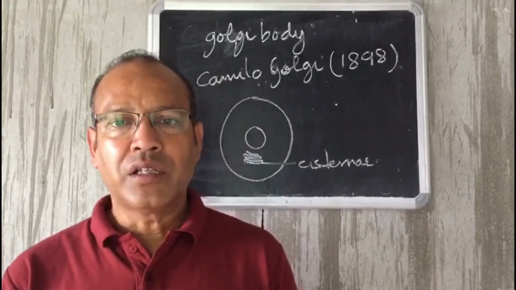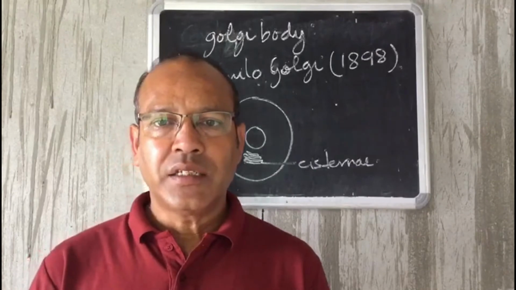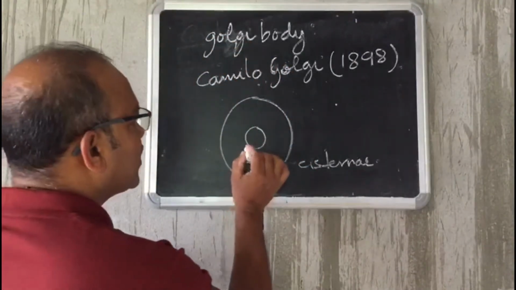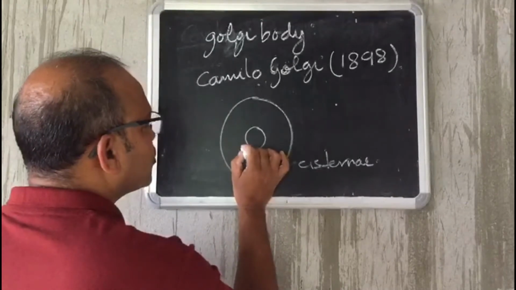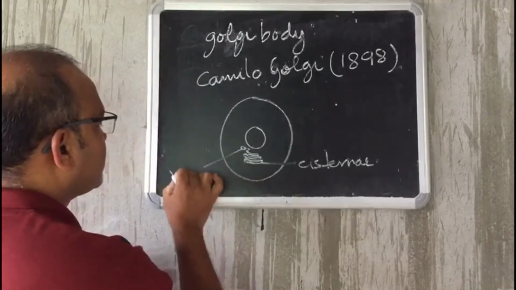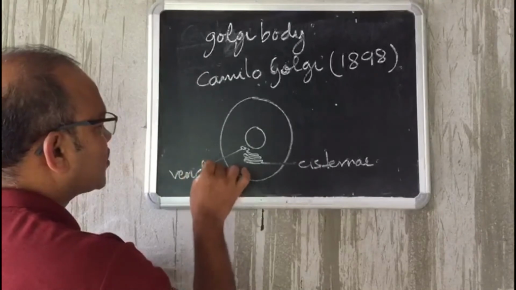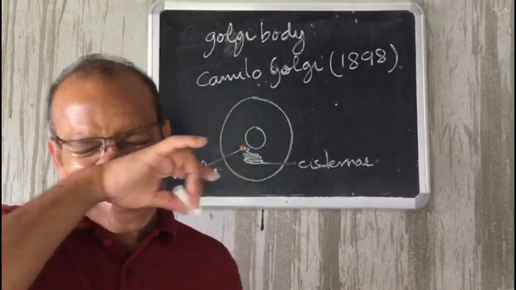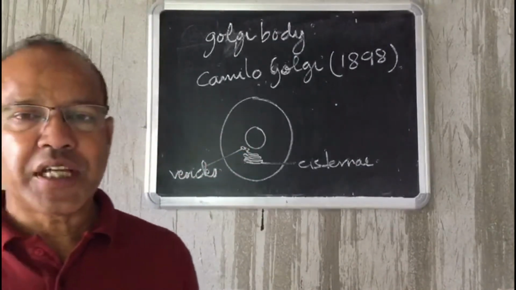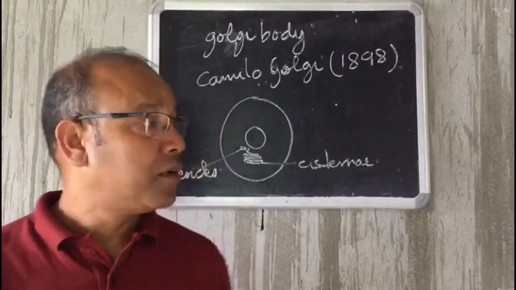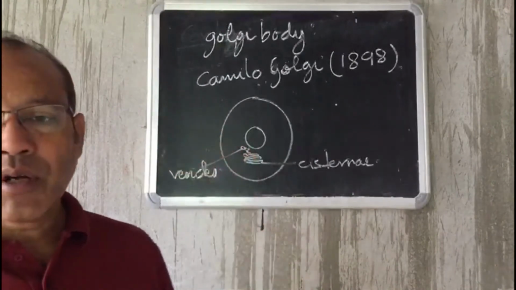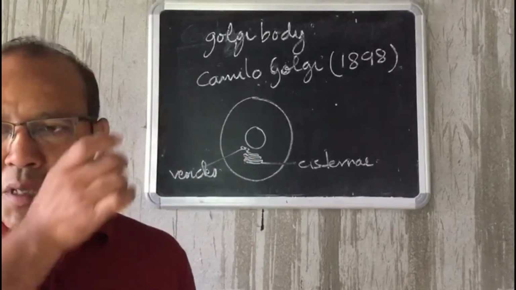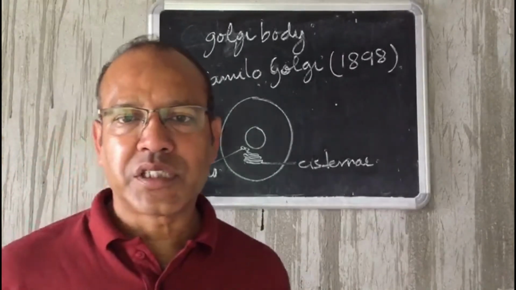They are very close to the nucleus, and associated with this are small packets called vesicles. These vesicles are basically the structure that pinches out from the Golgi body after the concentration of the substance that needs to be secreted.